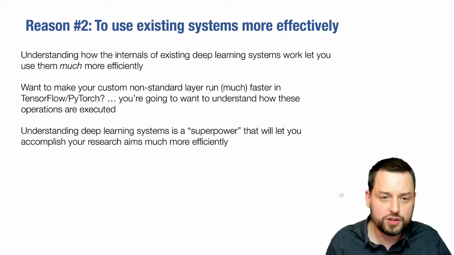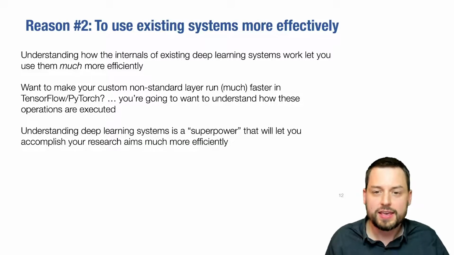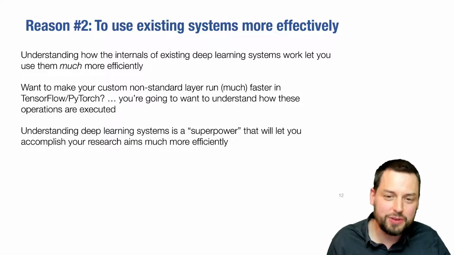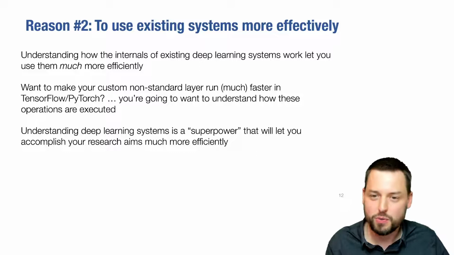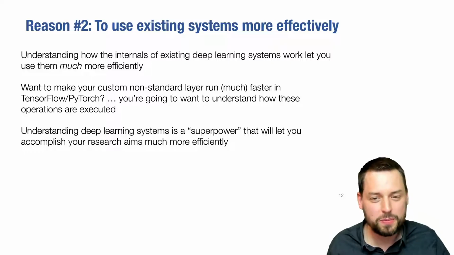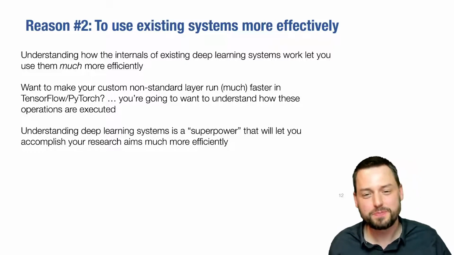I've always kind of referred to understanding deep learning systems as a kind of superpower that can let you accomplish your research aims, even if your research aims are not about system building, much more efficiently. This is probably the main reason why most of you, I think, can and should take this course.